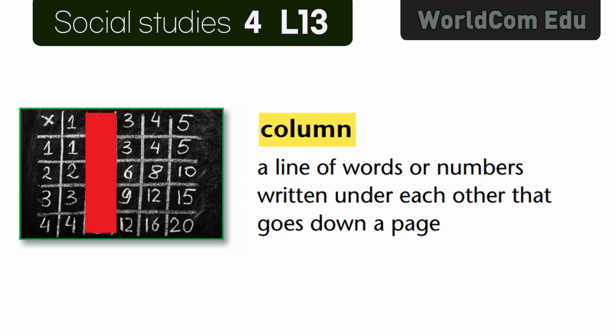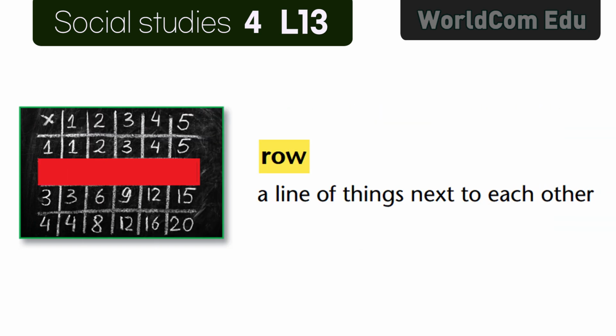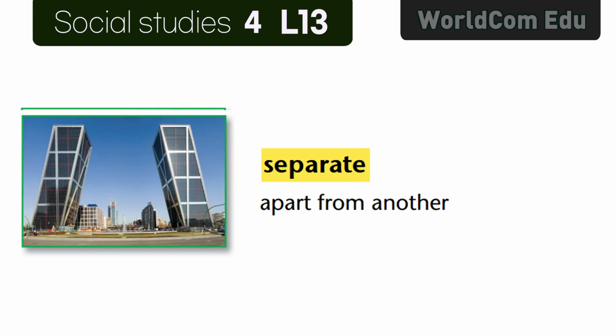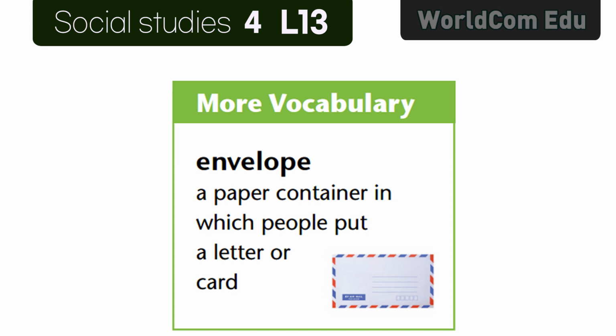A line of words or numbers written under each other that goes down a page. Row. A line of things next to each other. Map grid. A set of straight lines on a map that make squares. Separate. Apart from another. Envelope. A paper container in which people put a letter or card.